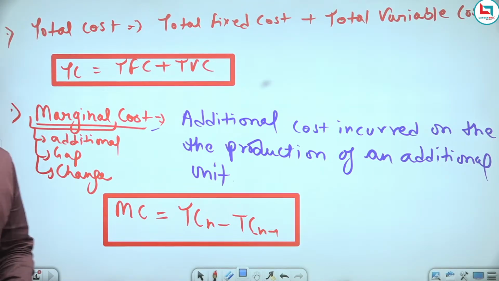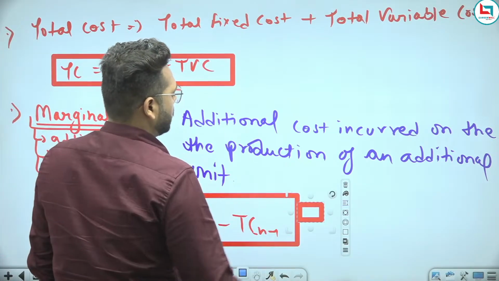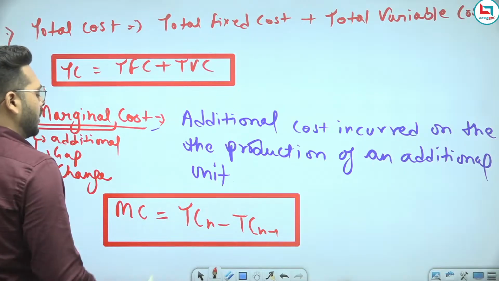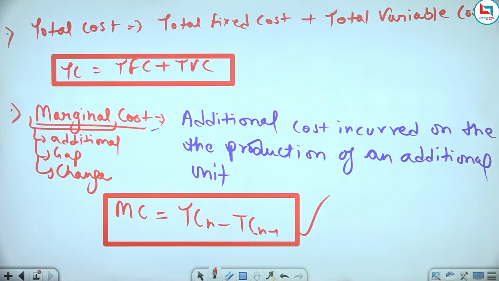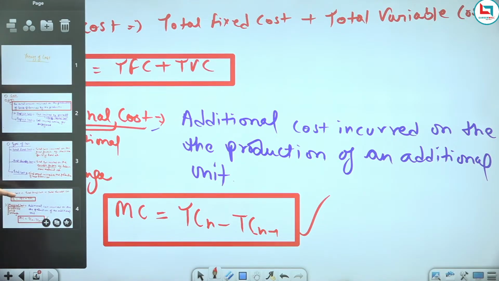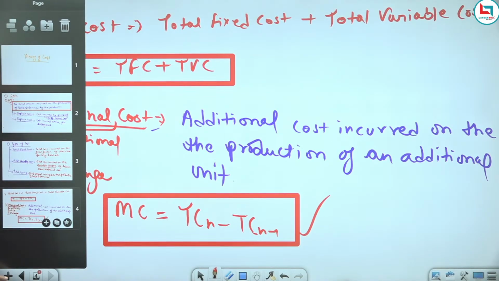You apply this formula and you get your answer. Am I clear to everyone? Write it down fast. TCN minus TCN minus 1. This is the formula of MC, marginal cost. So you have understood all the things that I have explained.